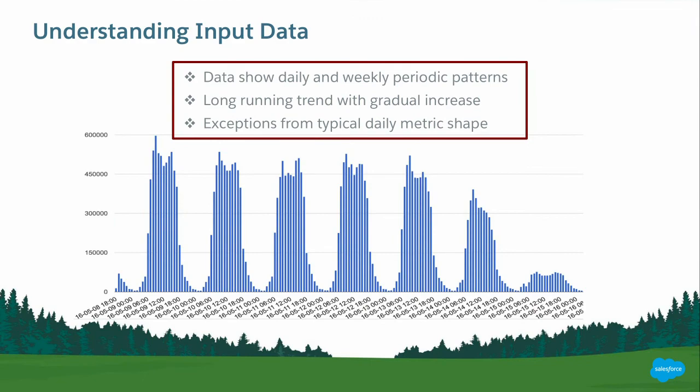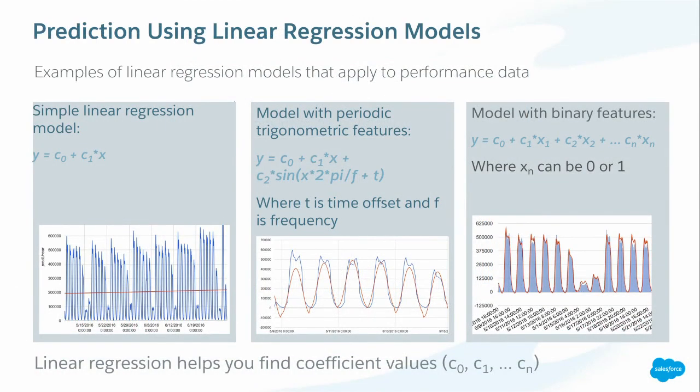So in order to do prediction, we tried different methods, but one of the simplest and probably most effective is a simple application of linear regression models to performance data. It could be system performance data, other data that you get from the cloud, business-related data, or even sales or marketing data.